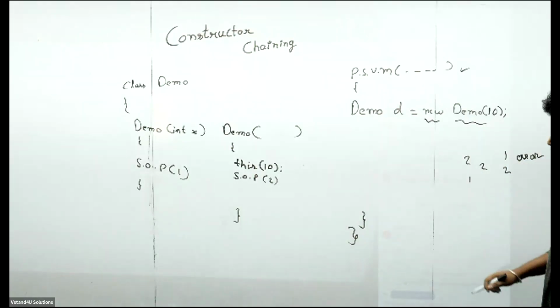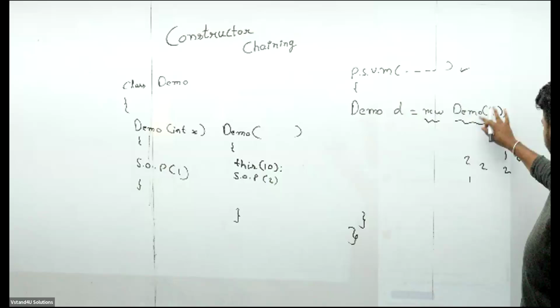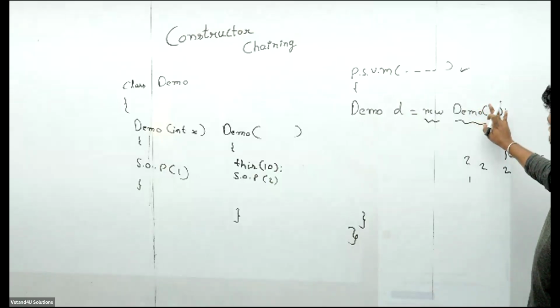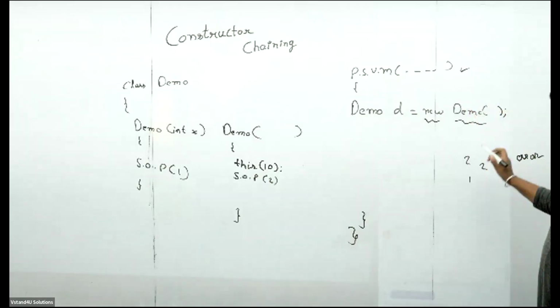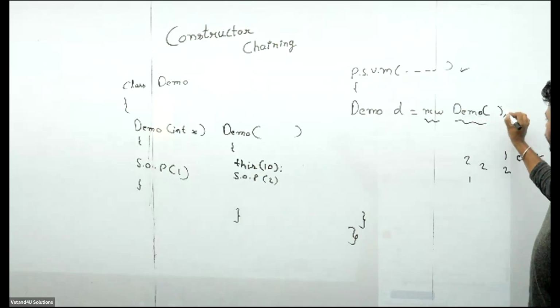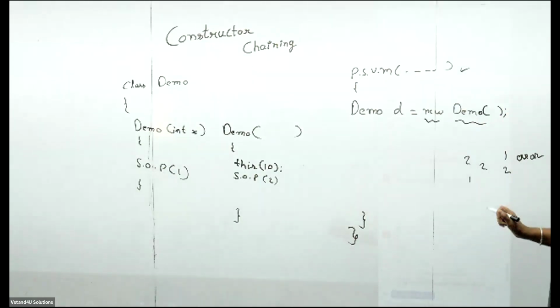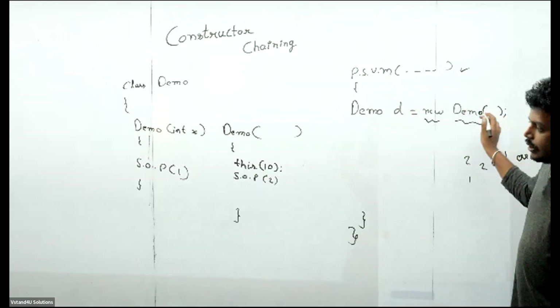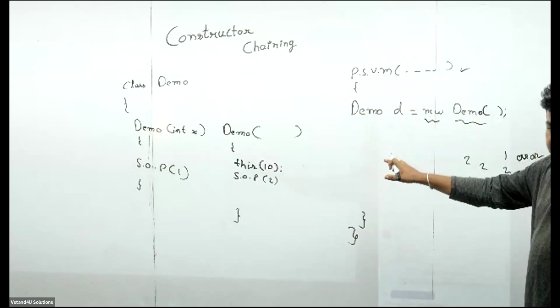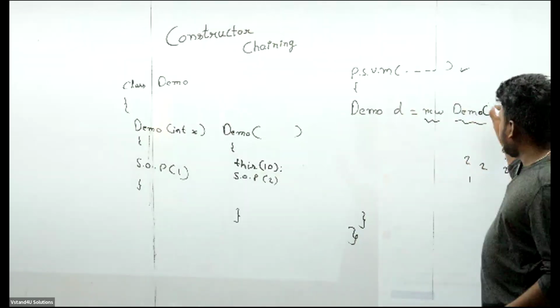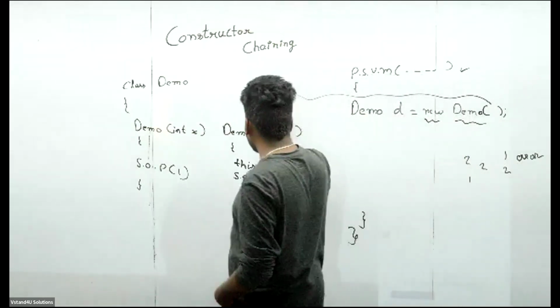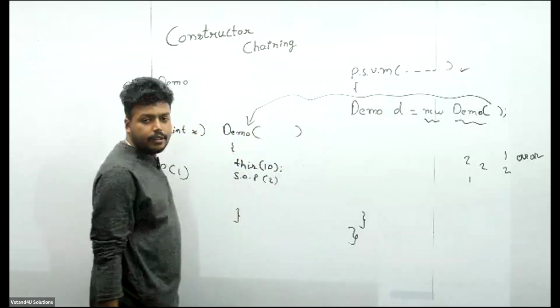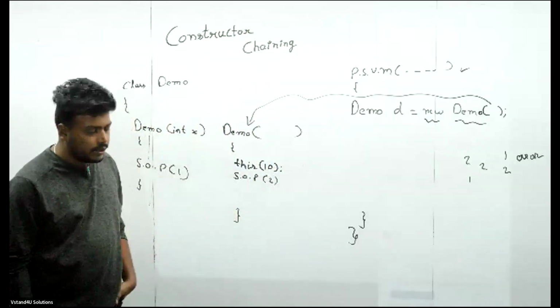Here I have created one object. Which constructor is being called, parameterized or non-parameterized? The control goes here.